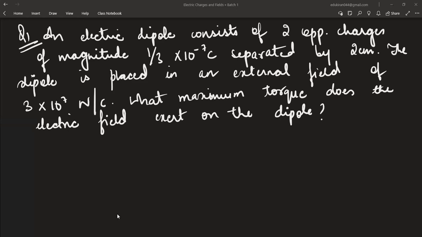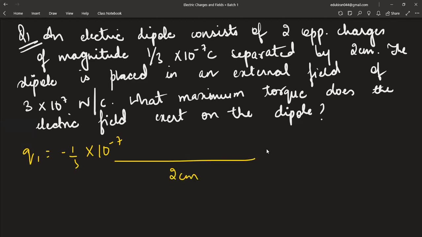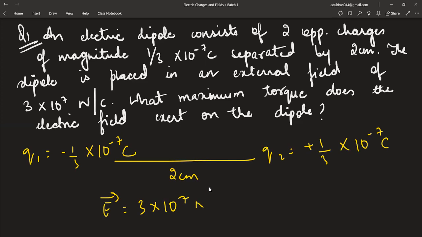So one charge Q1 is minus 1 by 3 into 10 to the power minus 7, separated by 2 centimeters, and you have Q2, which is plus 1 by 3 into 10 to the power minus 7 coulomb. The dipole is placed in an external field. The electric field is 3 into 10 to the power 7 Newton per coulomb. What is the maximum torque?